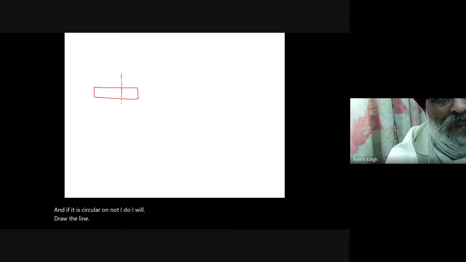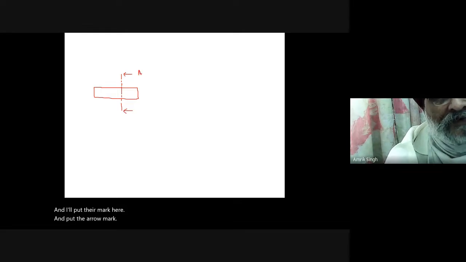Suppose there is a rod. This is a rod I have drawn. If it is circular, I will draw two lines like this, two dots, and I will put the arrow marks here.